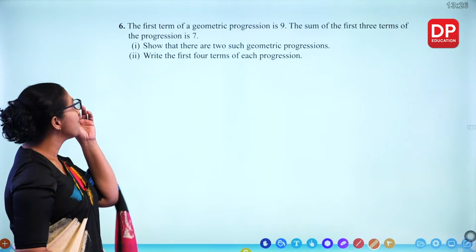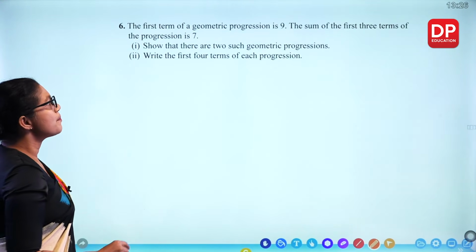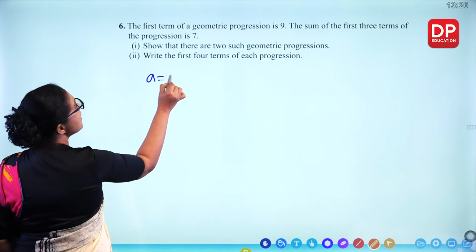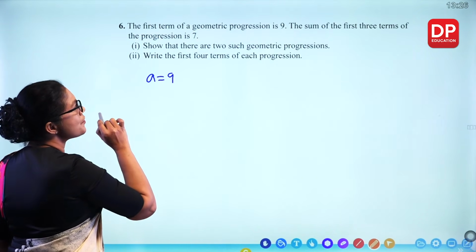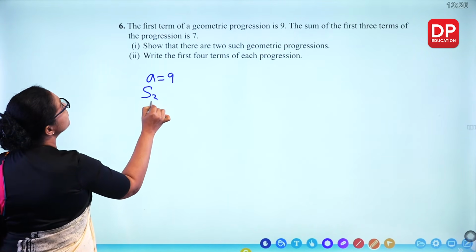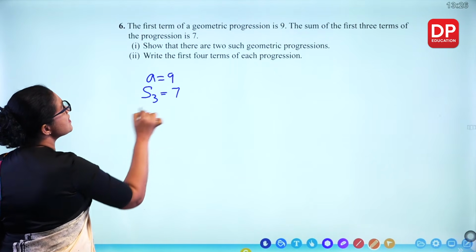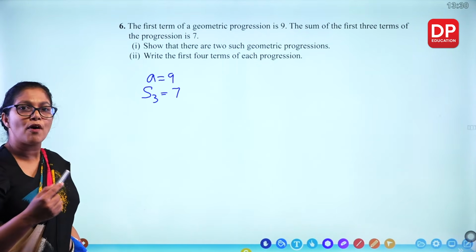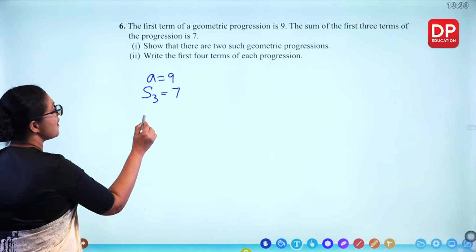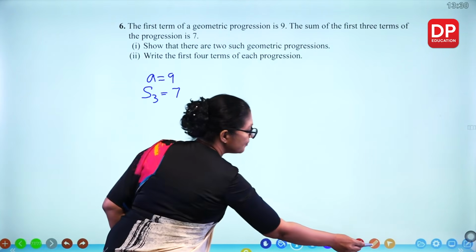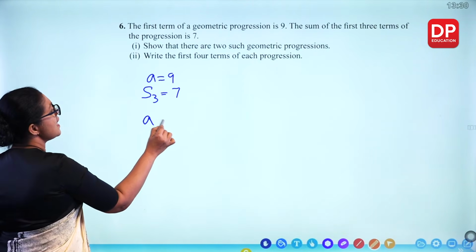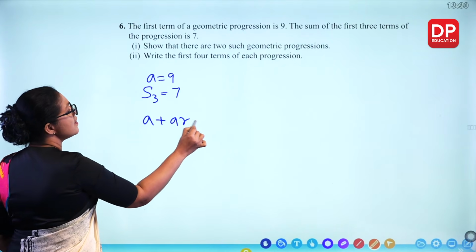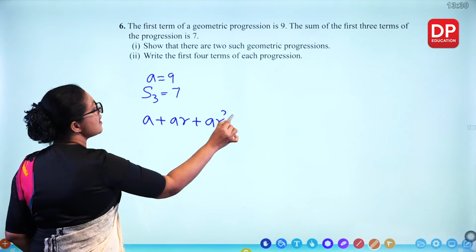Question number 6. The first term of a geometric progression is 9. The sum of the first 3 terms of the progression is 7. Now, how can we write down the sum of the first 3 terms? First term is A, second term is AR, third term is AR squared.